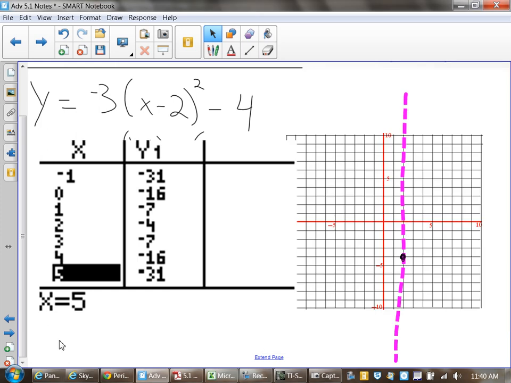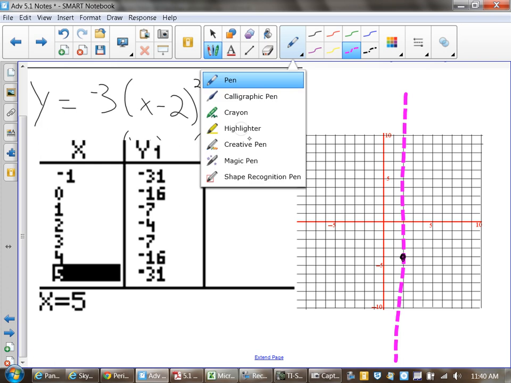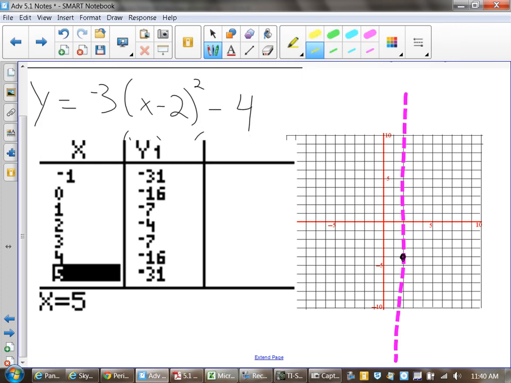Here's what I want you to do. When you get to your table, put your axis of symmetry in the middle. Your table function will allow you to see 7 sets of ordered pairs. If you look at what they're showing you, right there is my vertex.